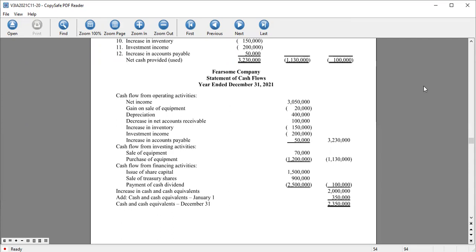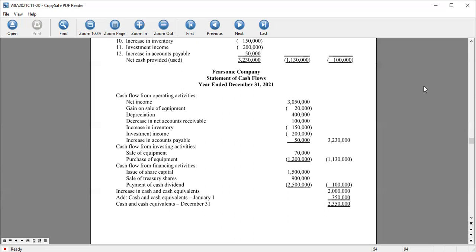We are not given complete data for the preparation of the statement of cash flows with the use of the direct method. Now, we have the investing activities, sale of equipment, net cash, and we have the purchase. So we have the net cash used.